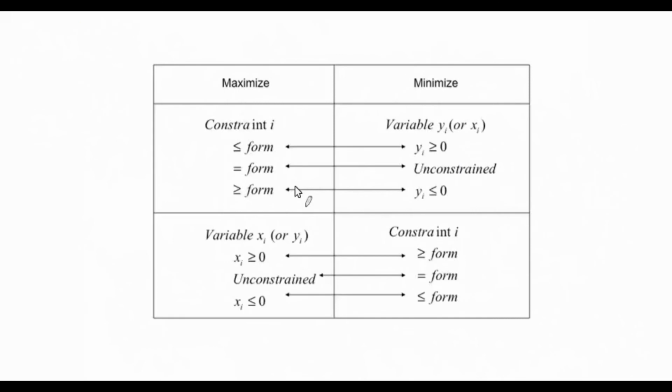So now let's figure out the sign restriction on the dual variable. This is a maximization problem. The constraint is a less than or equal to. So we go over to the right, and we get a greater than or equal to restriction on the dual variable. So the second dual variable, pi sub 2, is greater than or equal to 0.